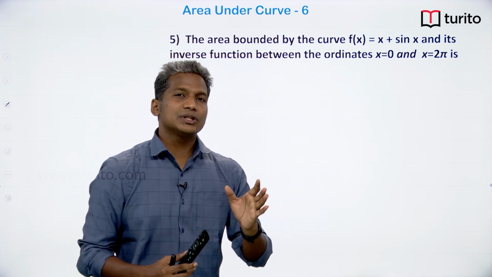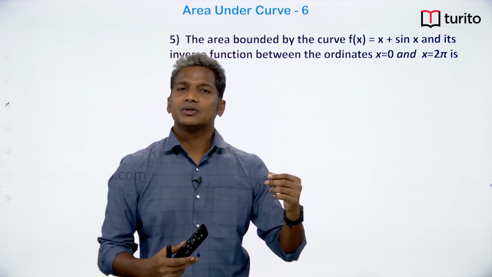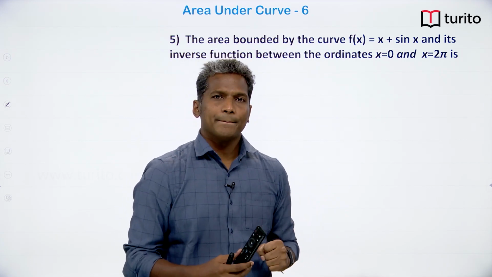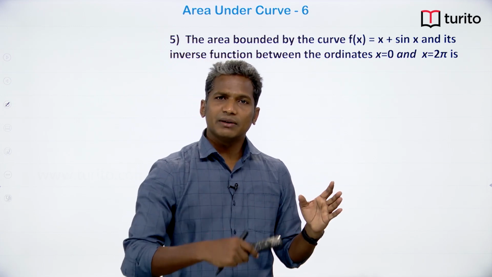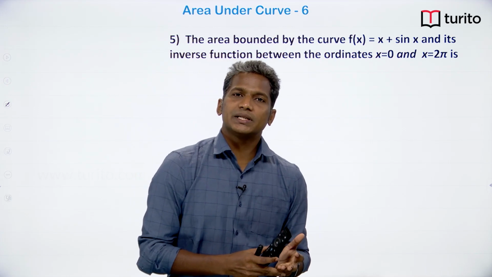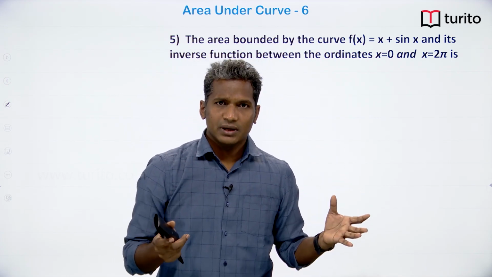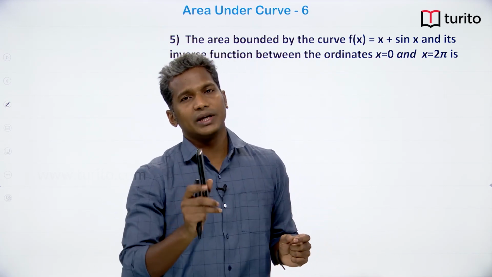When we talk about the solutions of f of x and f inverse of x, solutions in geometry become the points of intersection. We know that f of x and f inverse of x are reflections about the line y equal to x. So if f of x and f inverse of x are intersecting, they must be intersecting on the line y equal to x only.